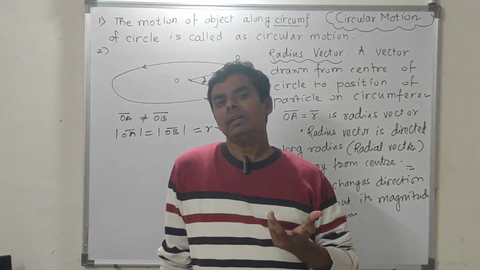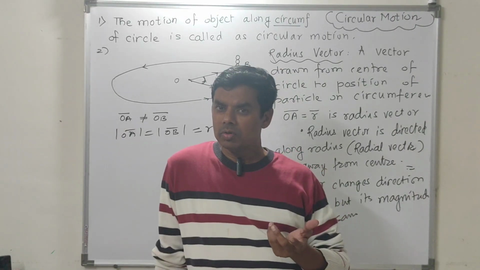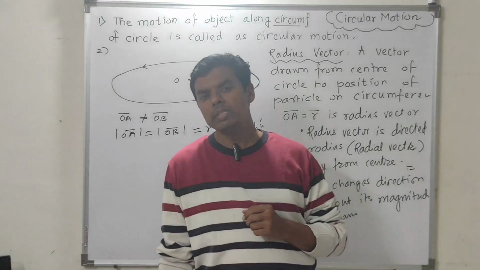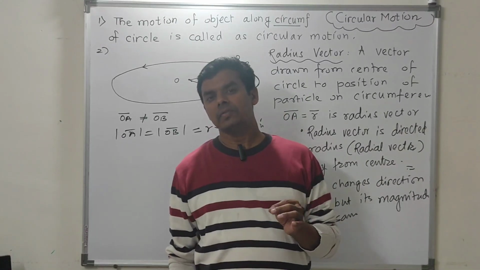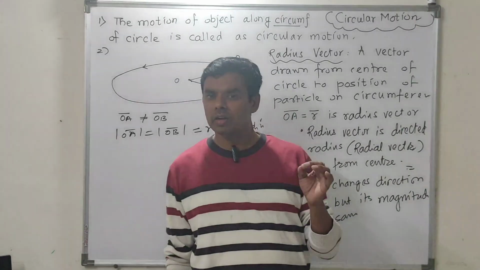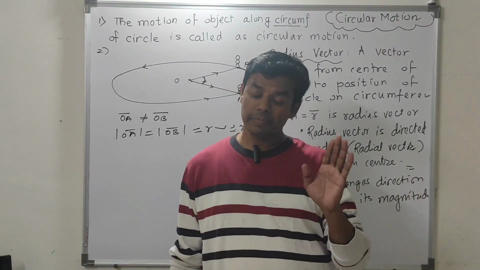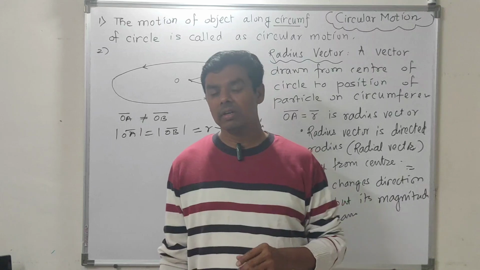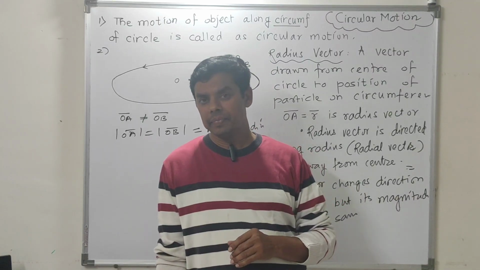What is the radius vector? The vector drawn from the center of the circle to the position of the particle is called the radius vector. What are the 4 important points regarding the radius vector? First of all, it is a vector directed along the radius and away from the center of the circle, so it is the radial vector.